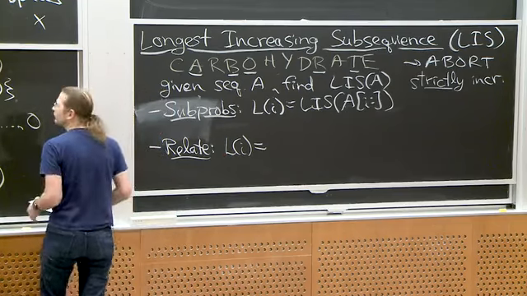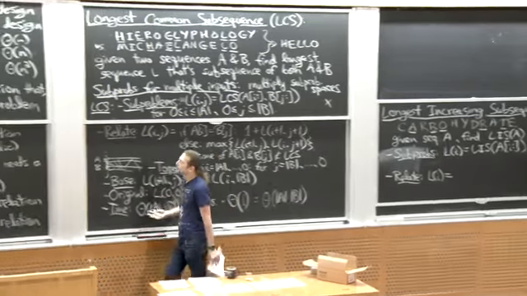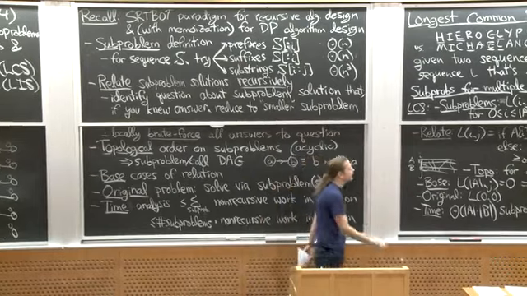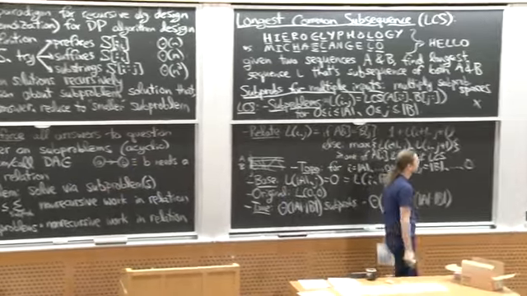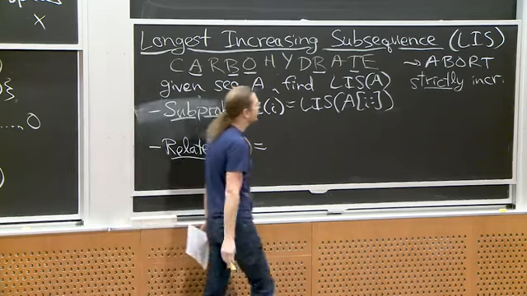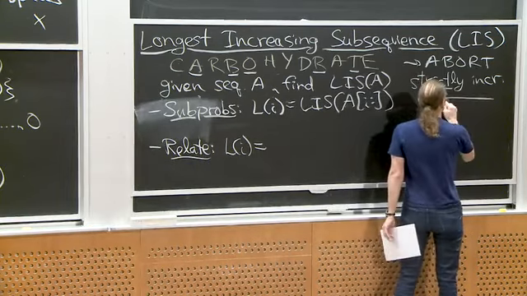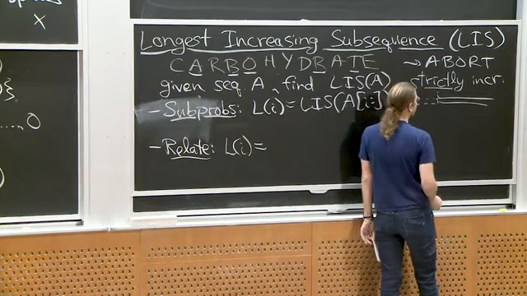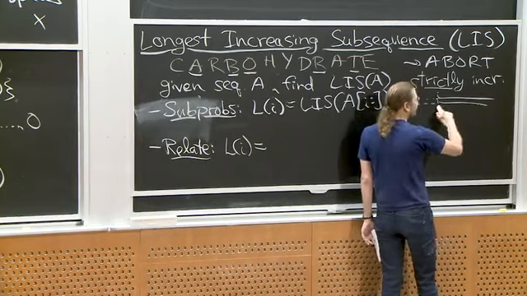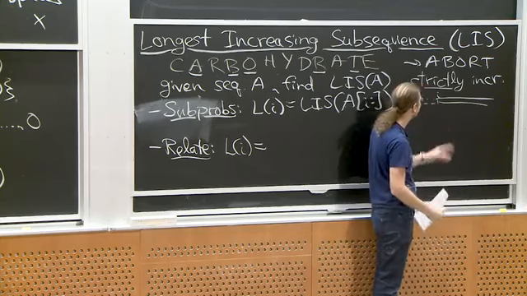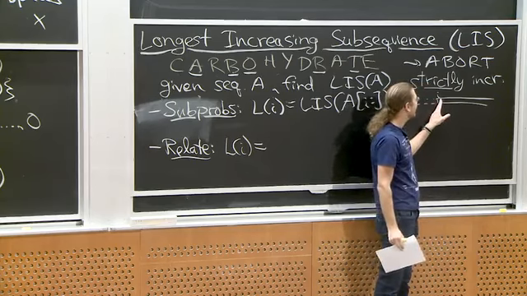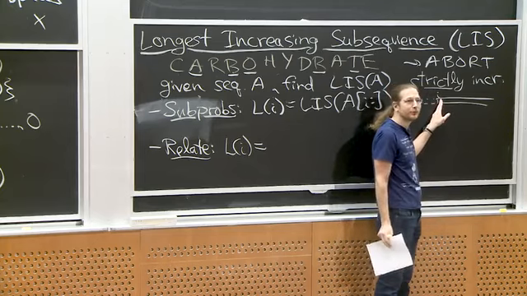But let's go back to what is a question that I could ask about this subproblem that might help me figure out what the longest increasing subsequence looks like. So we're looking at A, from i on. The longest increasing subsequence is a subsequence, and we'd like to remove letter i. Now, when we do that, there are two choices. Maybe i is in the longest increasing subsequence, or it's not in.